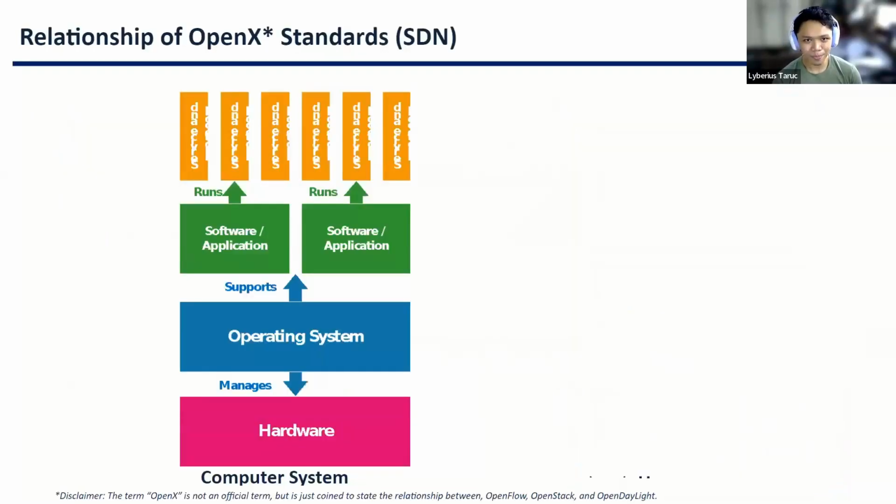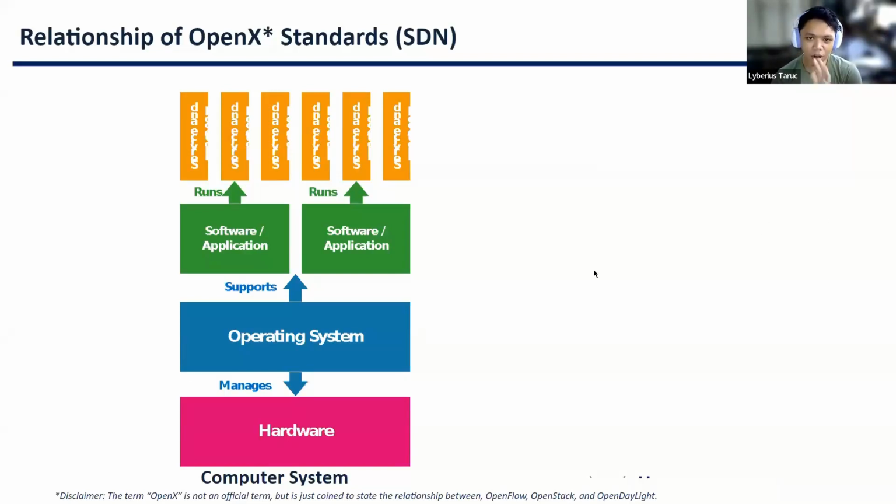Okay? So, just to simplify the discussion that I had a while ago, OpenDaylight, OpenFlow, and OpenStack: we can actually combine all of them in one terminology or one system. If we compare a cloud to your computer, they're actually the same thing. The difference is just the size of scale.